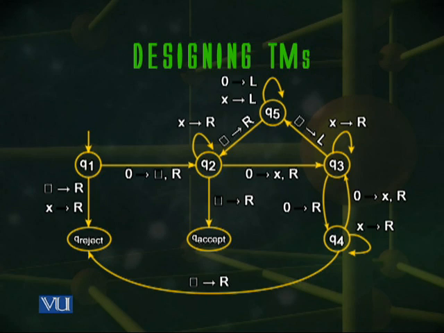So the state Q5 replaces zeros with zeros and moves to the left, and replaces a cross with a cross and moves to the left till it finds the first blank, and then moves to the state Q2, where this process is repeated again. Of course, if in the state Q2 we see a blank, we go to the accept state. So this state diagram implements the plan that we had outlined informally.